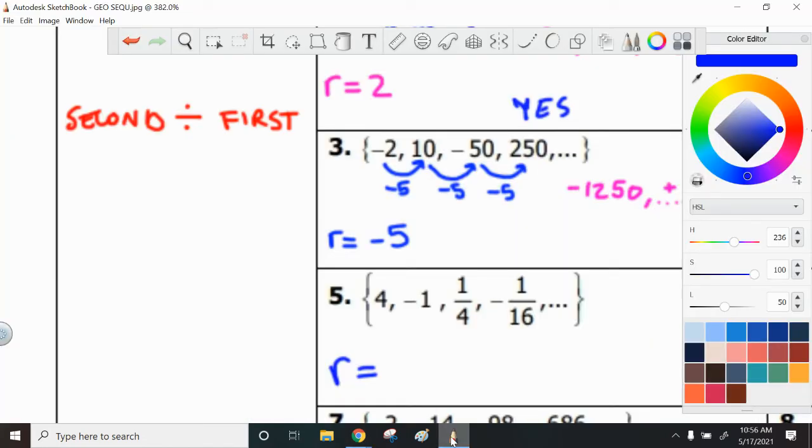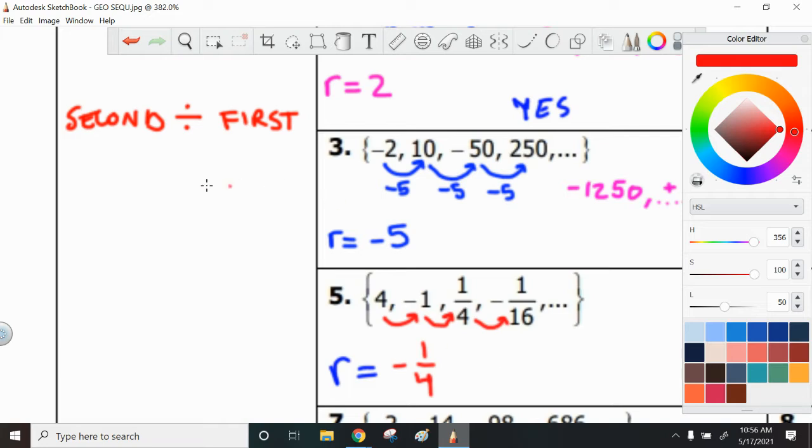So if our ratio is -1/4, does that continue? -1/4 should be flipping our sign, and getting 1/4 as big.